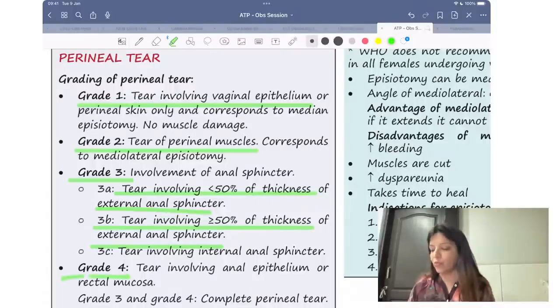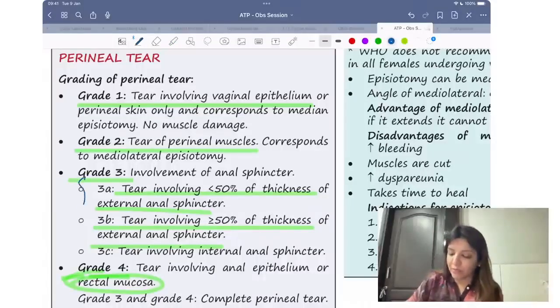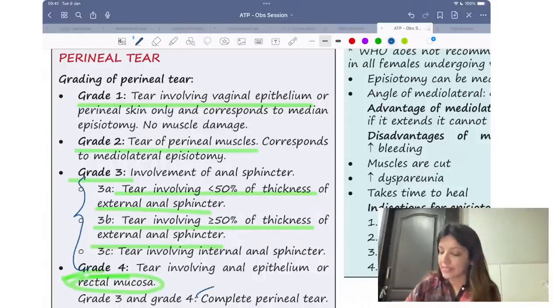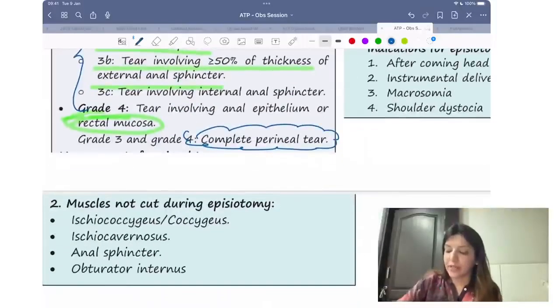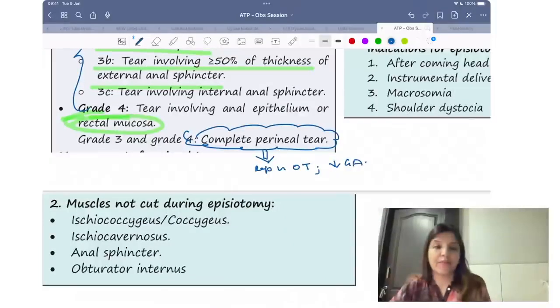Fourth degree perineal tear, what do you mean by fourth degree perineal tear? Fourth degree perineal tear means when the rectal mucosa is involved, right? Next, please remember, third degree and fourth degree perineal tears are called complete perineal tears. Third and fourth degree perineal tears have to be repaired in the OT under general anesthesia.